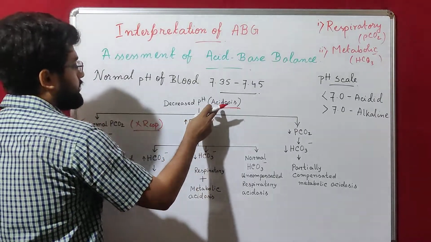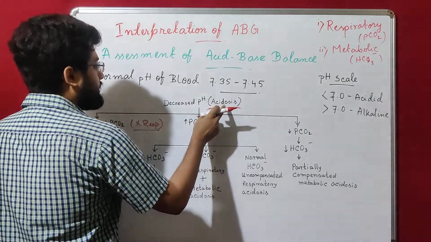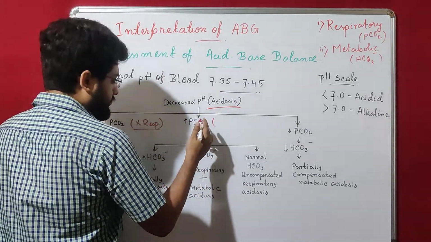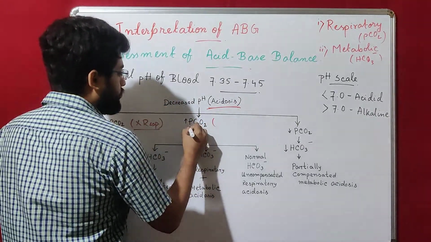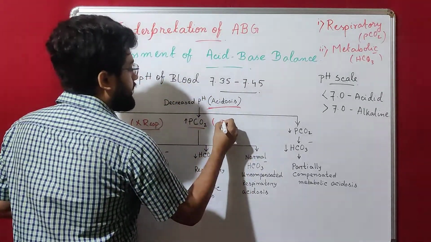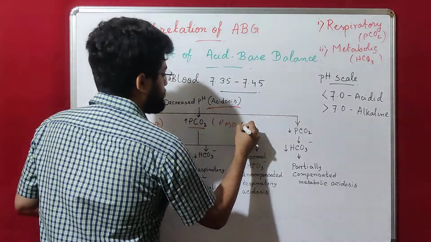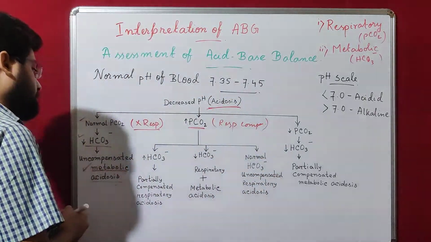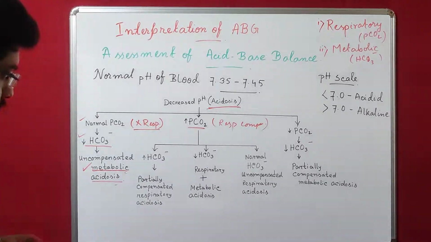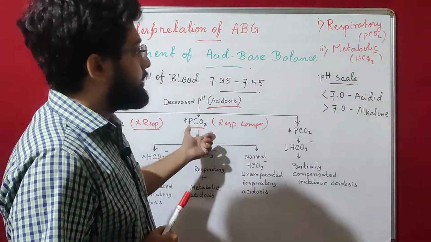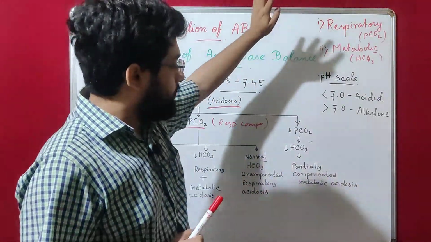So in this case, we can see the pH is acidic and the PCO2 is raised. That means there is obviously some respiratory component involved in this. Now, respiratory acidosis is present.